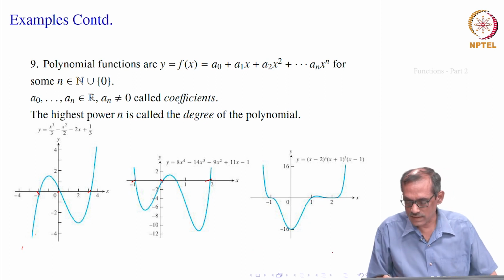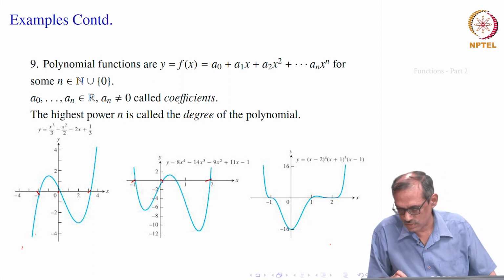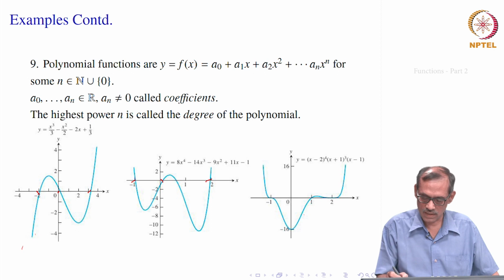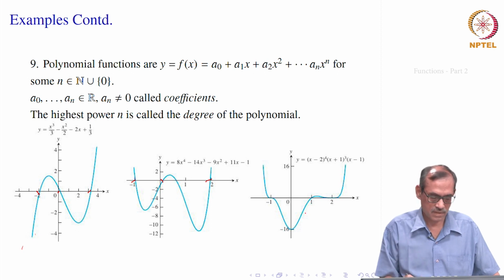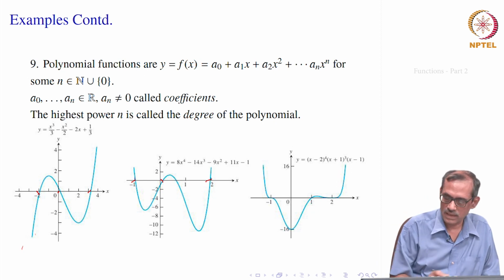We take another which is really degree 8, x minus 2 to the power 4, x plus 1 to the power 3 into x minus 1. So, that again looks this way. These are all graphs drawn in the computer, just to have the feeling how they look like.